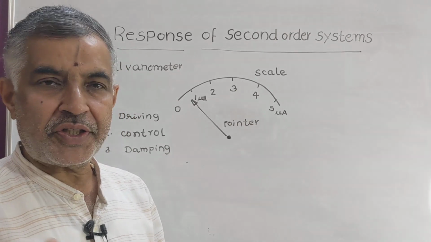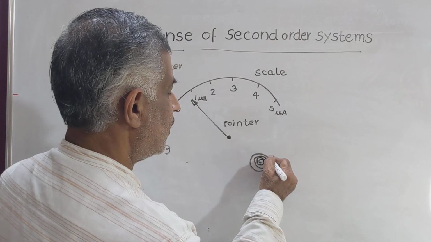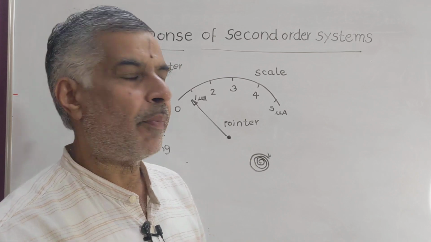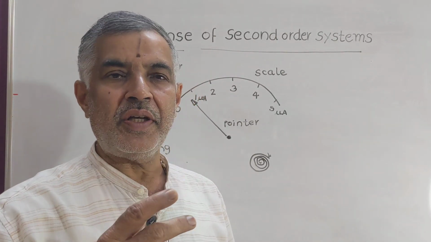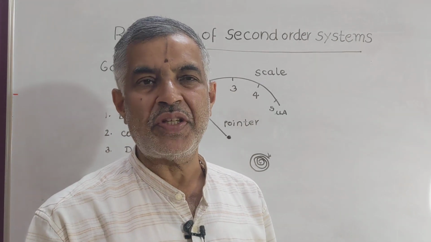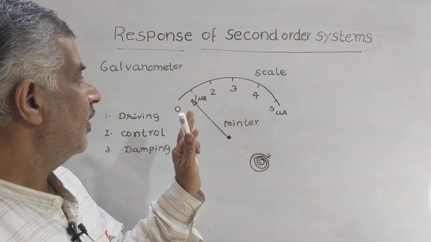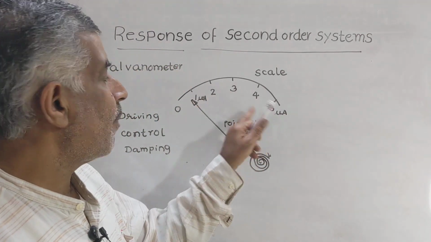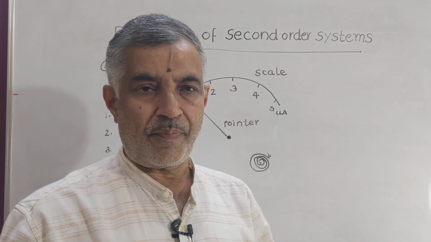Now, as you have all studied that in instruments you have spiral springs. So spiral spring is attached to the spindle, that is the rotating part, and it is going to undergo a twist during the rotation, and when it undergoes a twist, it generates a force, an opposing force called control force, and it opposes driving force, and it brings the pointer to some position. So that is what is known as control force.